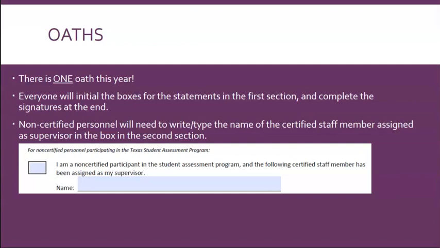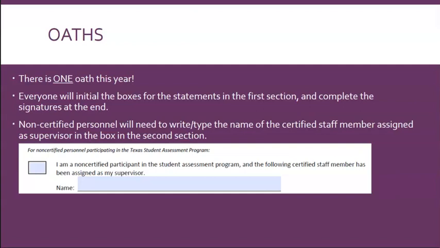Anyone who is non-certified personnel will write in their name in the little box that's listed here on the PowerPoint, and whoever your supervisor is that is attached to you, you would write that person's name in that box. Those would be the person that would look after you in terms of how you do your things with the test administration, if you have any duties with test administration for this school year.